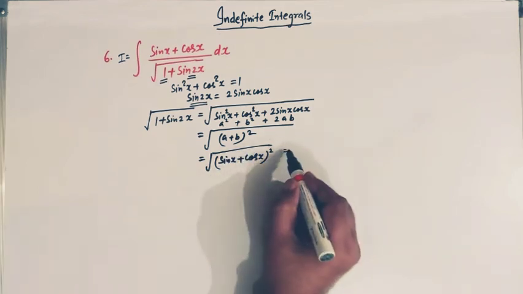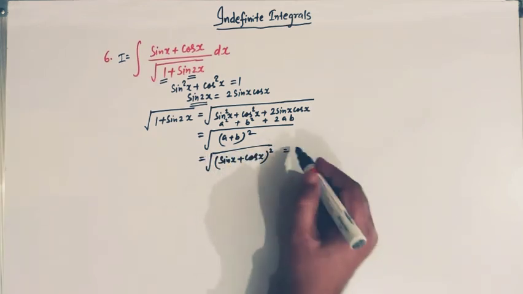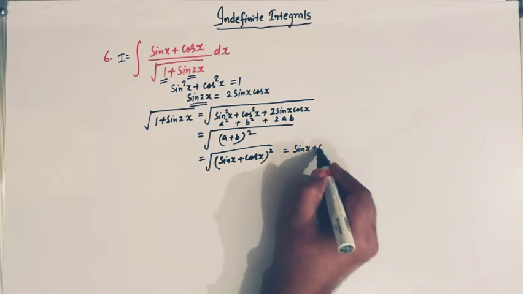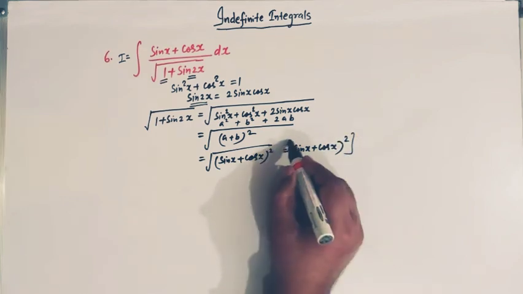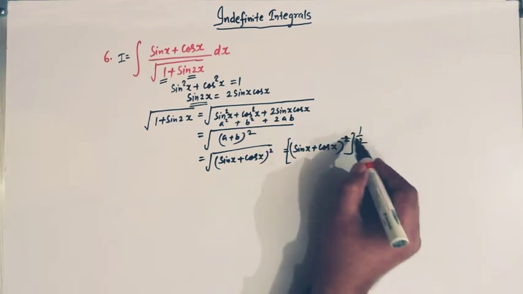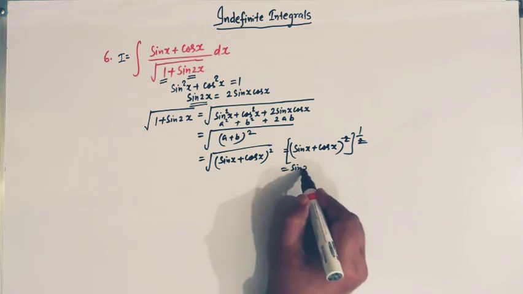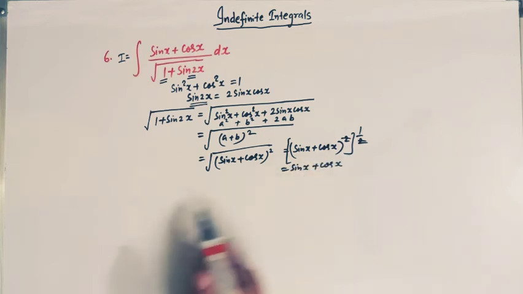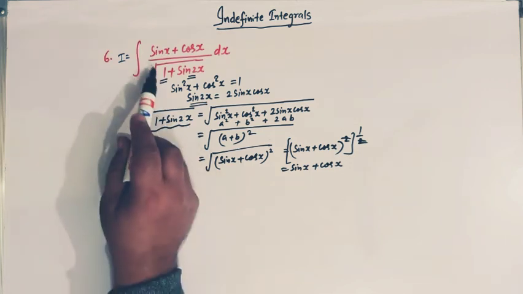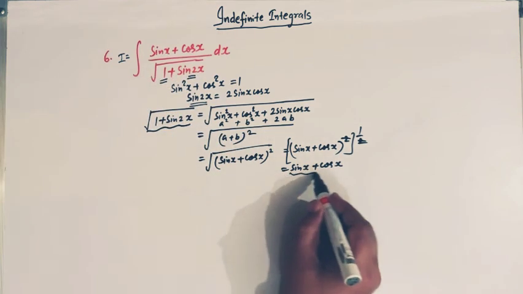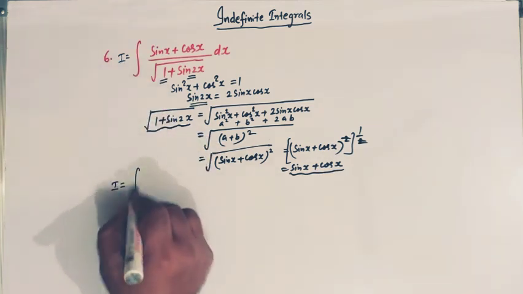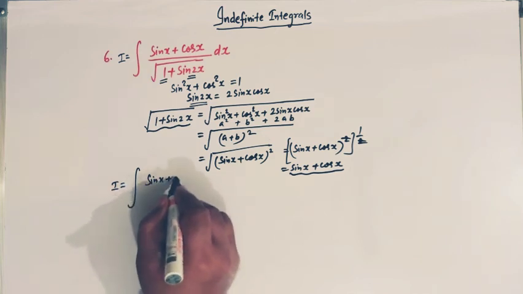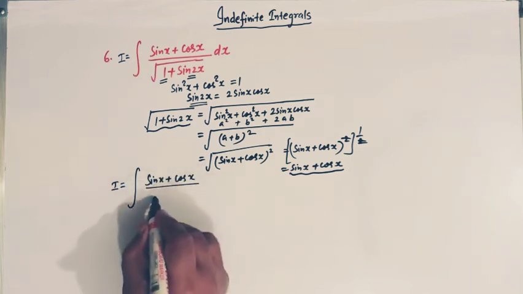Now this is the square root sign, so we have (sin x + cos x) squared raised to half. So the 2 and 2 get cancelled, and we are left with sin x + cos x. So the term square root of 1 + sin 2x is now equal to sin x + cos x, and this integral becomes (sin x + cos x) divided by (sin x + cos x).